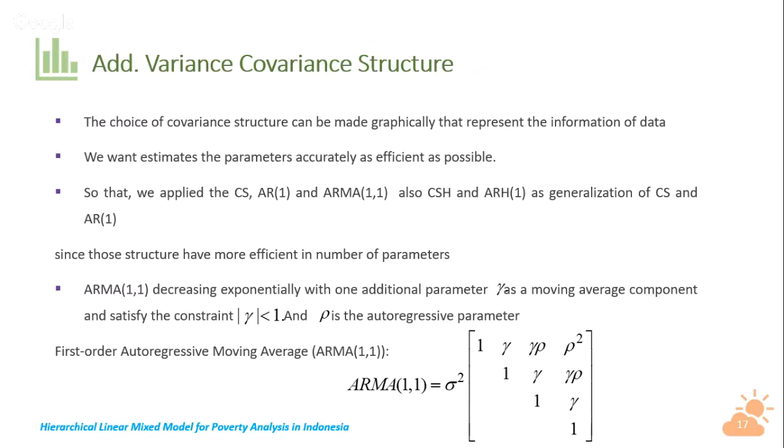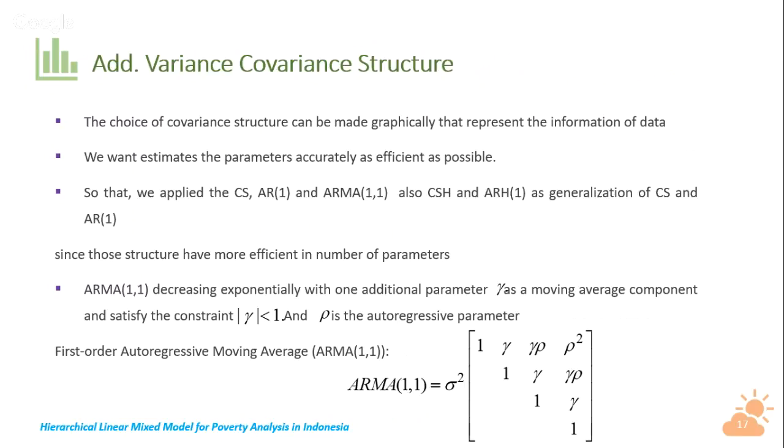So by exploring the data in this paper, we applied the compound symmetry covariance structure, then the first order autoregressive, then the generalization of compound symmetry, heterogeneous compound symmetry, and the generalization of the first order autoregressive, heterogeneous autoregressive.